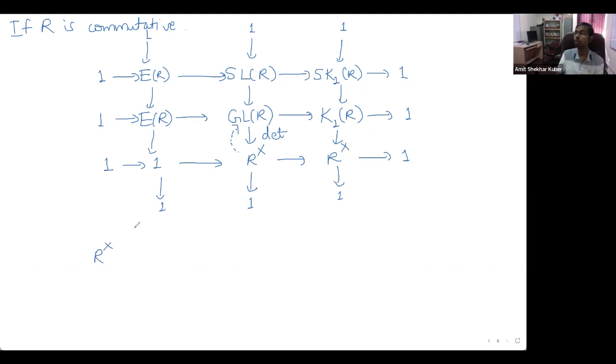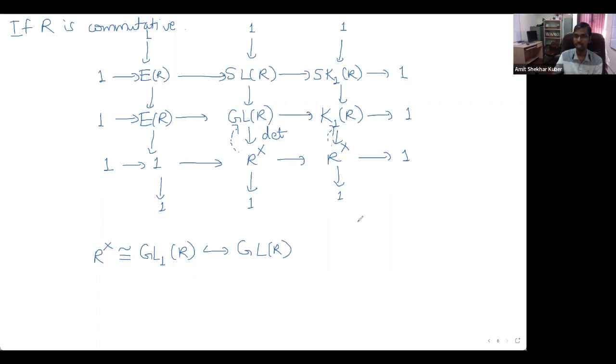R cross is the group of units in R, which is the same as GL1R, correct? 1 by 1 invertible matrices are nothing but units, and this embeds inside GLR. Therefore, this particular map splits, which transfers to splitting of this map.